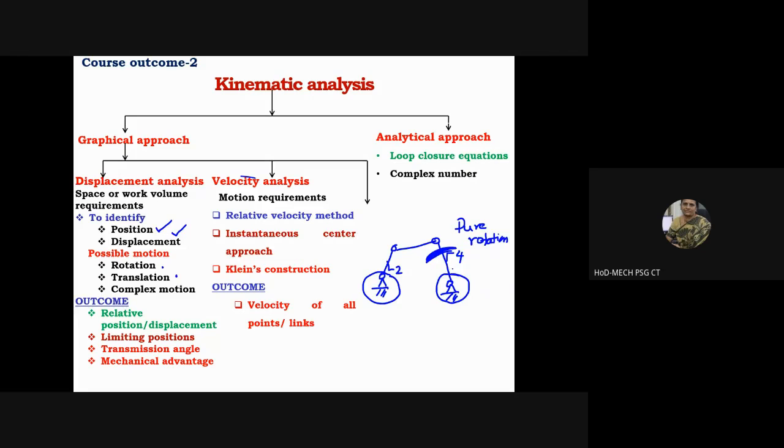Okay, 2 and 4 will have pure rotation, which could be full or partial. Suppose you have a slider crank mechanism, then the slider will have what type of motion?